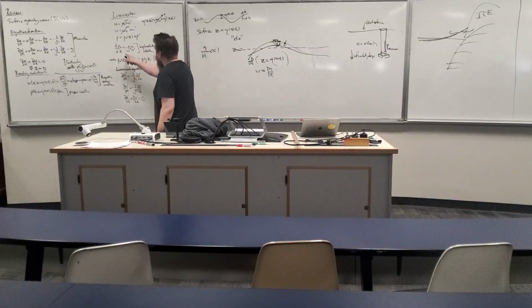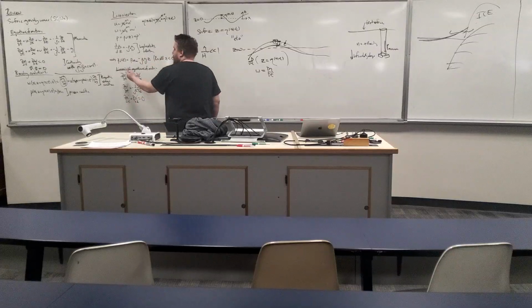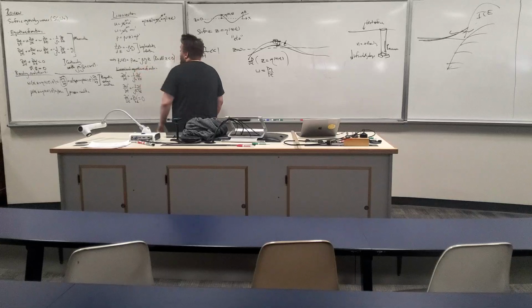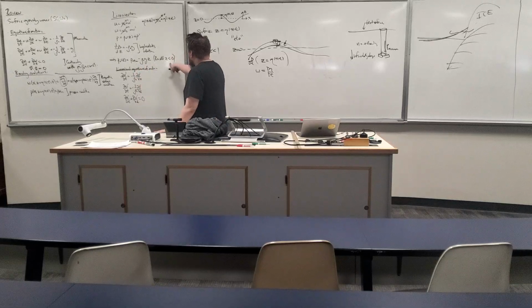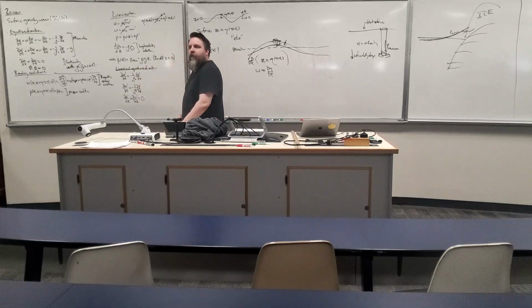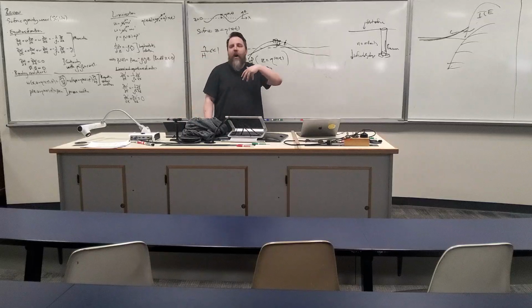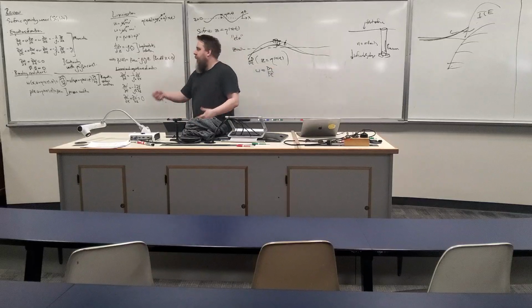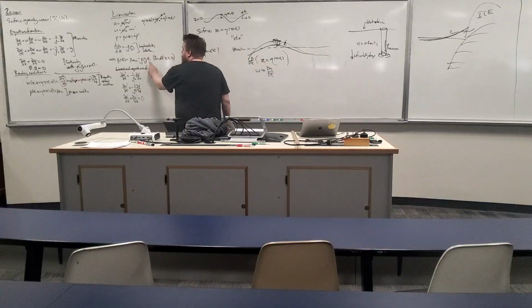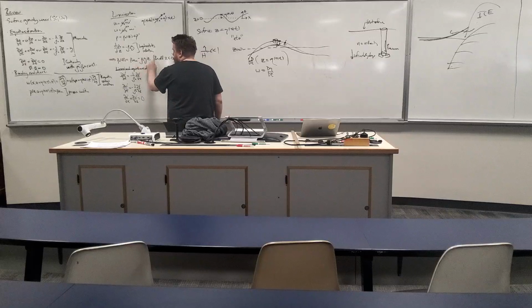You can integrate this to get a formula for P naught of z, the background pressure as a function of depth: P naught of z equals the atmospheric pressure minus rho naught g z. And recall that in this course, z is less than 0 inside the ocean. For example, the bottom might be negative 4,000 meters. Because z is negative, this whole contribution is positive. So as you go to deeper and deeper depths, the pressure is going to increase.